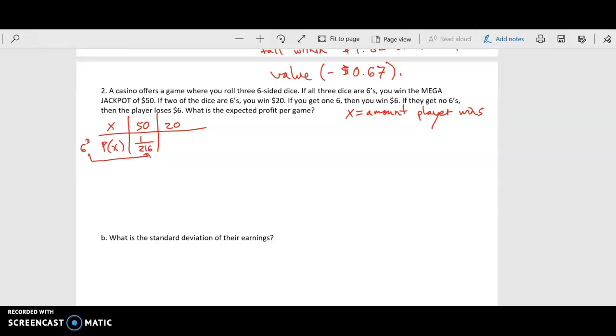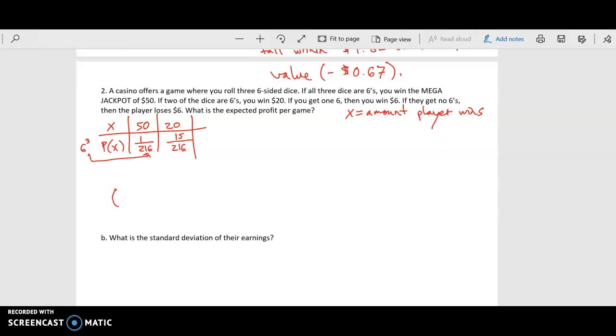How many ways are there to get 2 6s? Well, we know this denominator is going to be 216. It turns out there are 15 different ways to get 2 6s. And you could sort of write out options, right?